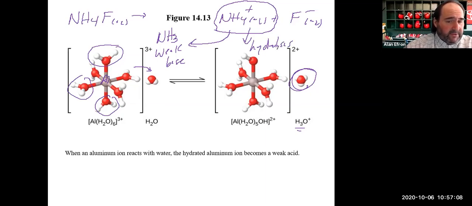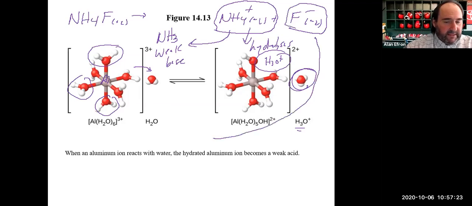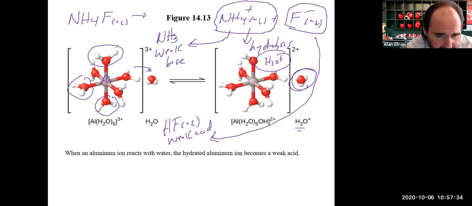And when it went through hydrolysis, it would act as an acid and donate its H plus, and we would expect it to be acidic and H3O plus being produced. Now, when we look at fluoride, as we've seen, it most likely came from HF, which is a weak acid, which means the fluoride would also go through hydrolysis, and it would act as a base.